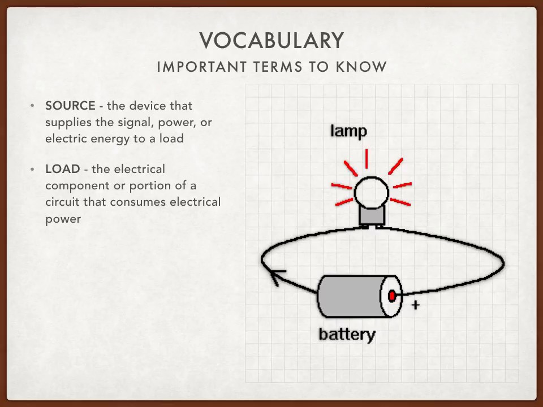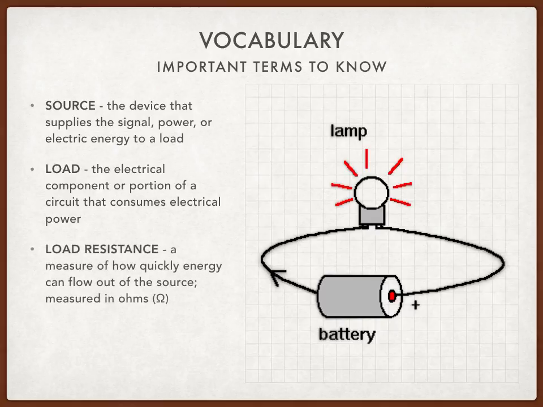Another term to know is the load. The load is the electrical component or portion of a circuit that consumes electrical power. This, in the diagram on the right, is the lamp, since the lamp is consuming the power that the battery is sending to it. One more term to know is the load resistance.